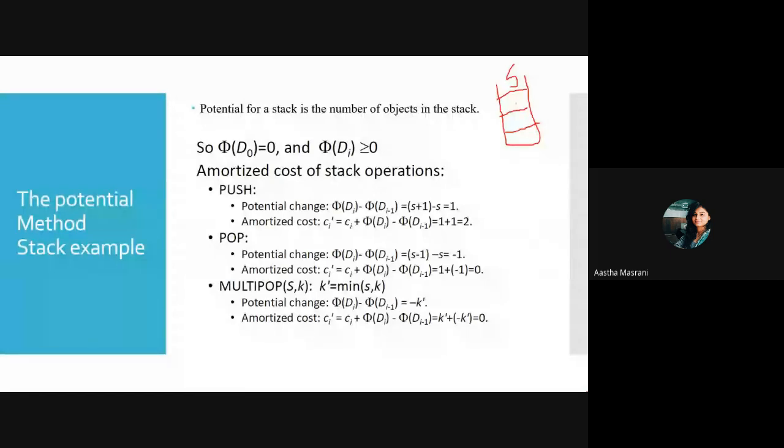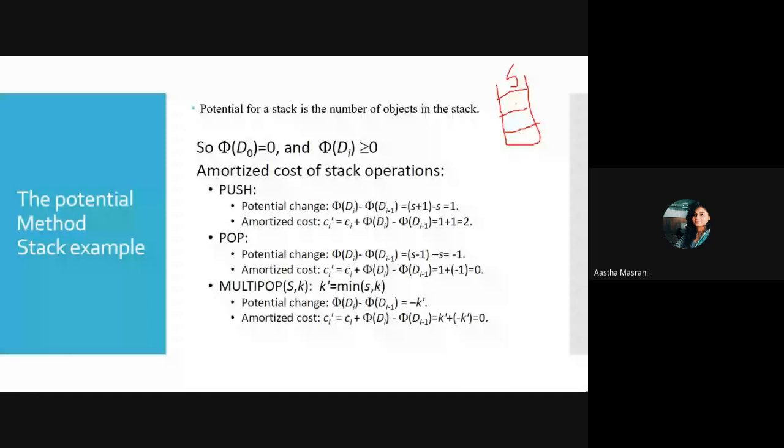So the potential change we calculated. Now, what is the potential change? The potential change is this, and the actual cost of a push operation is 1. So 1 plus 1 is 2. So the amortized cost is 2.